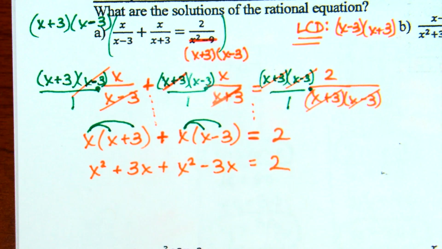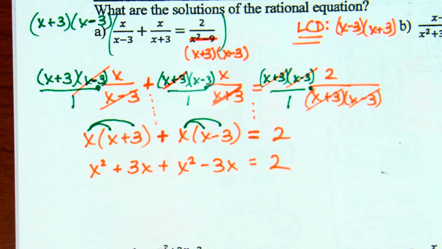Okay. Yeah, do you guys see the like terms? We distributed, we got rid of all the parentheses, so now collect these like terms so we can see what's going on. What is 1x squared plus x squared? Or in other words, x squared plus x squared. Or if you don't like that, 1x squared plus 1x squared. 2x squared.